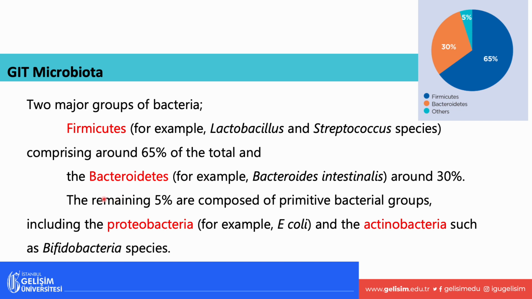The remaining 5% of the microbiota is made up of other primitive bacterial groups, including proteobacteria, such as E. coli, and the actinobacteria, such as bifidobacteria. So these microorganisms play an important role in digestion, nutrient absorption, as well as the immune system function. And they're also being studied for their potential role in various health conditions.